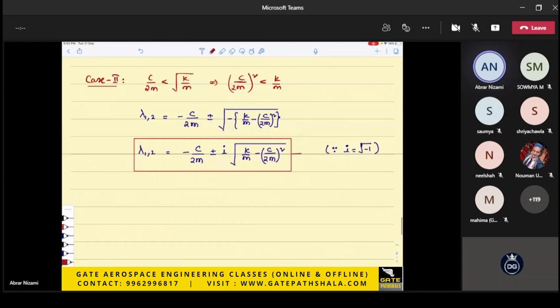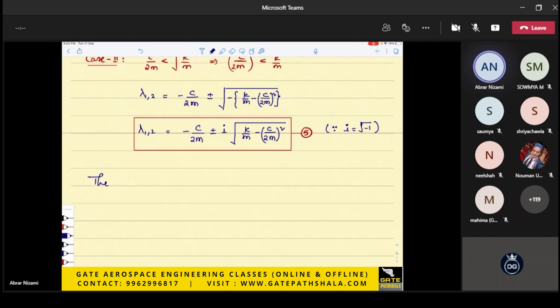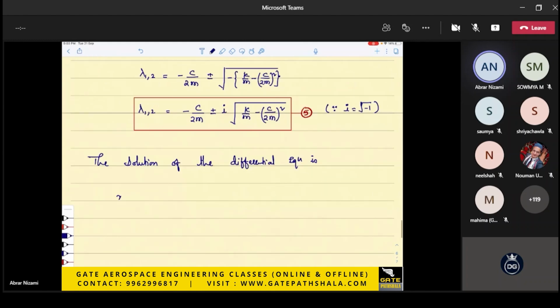The solution of the differential equation is x equals c1 e power (minus c by 2m plus i under root of k by m minus c by 2m whole square) into t plus c2 into e power (minus c by 2m minus i under root of k by m minus c by 2m whole square) into t.